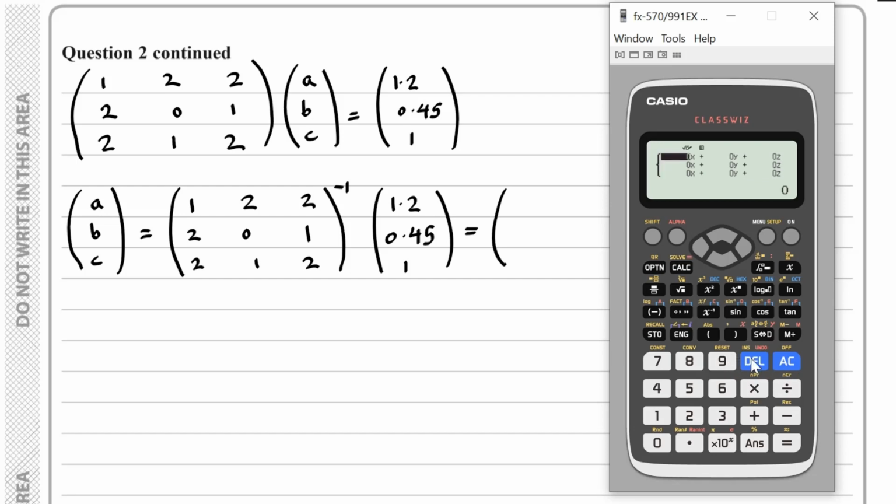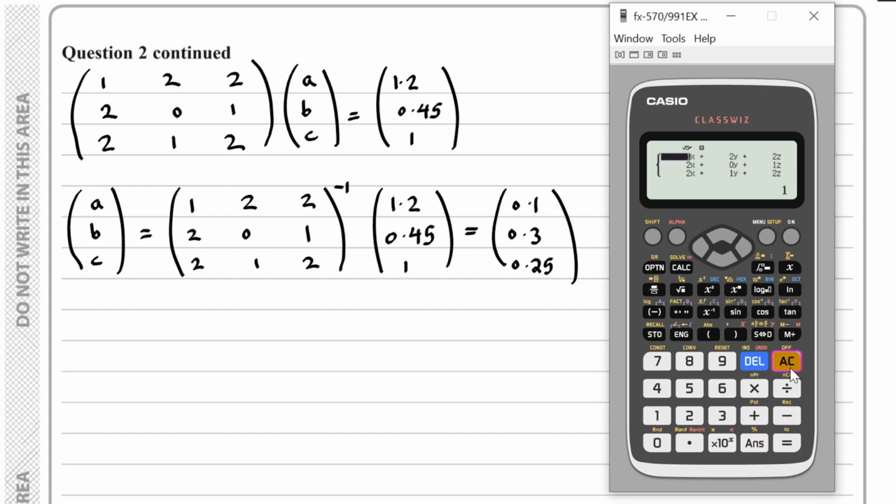So we see that a is equal to 0.1, b is equal to 0.3, and c is equal to 0.25.